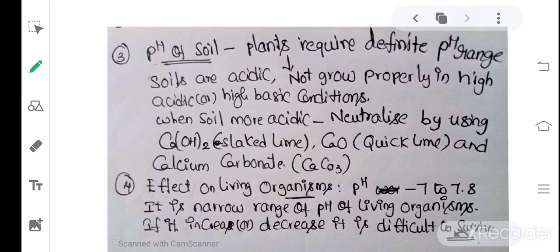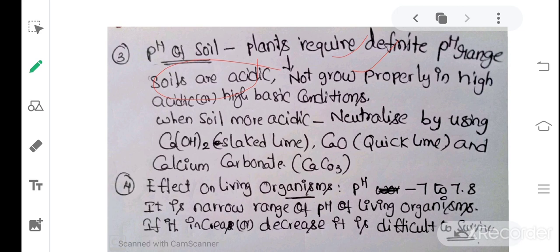And next one, pH of soil. Soil basically contains some acids, so it has an acidic nature. Plants require a definite pH range. Plants cannot survive when the soil is too acidic or too basic. They have a separate pH range value. If the soil is too acidic, the plant does not grow properly.